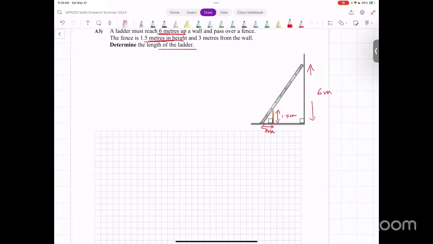So let's label A, B, C, D, E. All I know is triangle ABE is similar to triangle ACD. Then I can write AB over AC is equal to AE over AD is equal to BE over CD. Let me put in the numbers. Do I know AB?